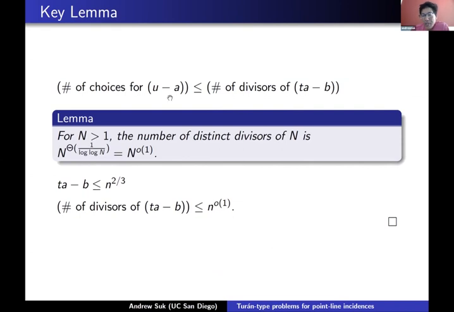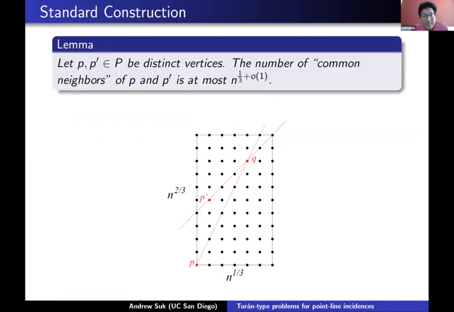And so therefore, the number of choices for u minus a will be at most n to the little o(1). And so that's the proof that if you fix any two grid points, there are very few other grid points with this property that there's a line going through P prime and Q and also P and Q.